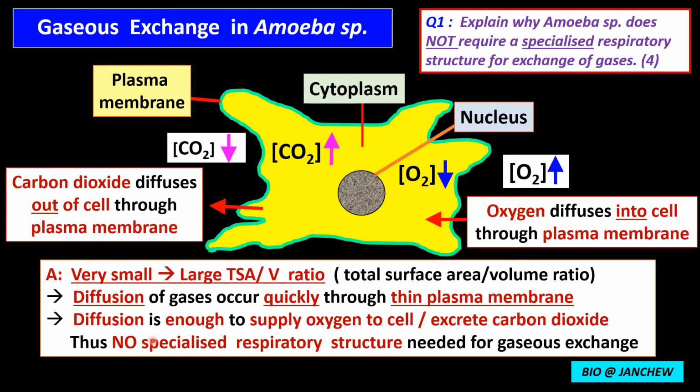Thus, the diffusion is enough to supply oxygen to the cell for its needs, and to excrete the carbon dioxide, which is a byproduct of respiration. Thus, no specialized respiratory structure is needed to increase the total surface area anymore, and to increase the rate of diffusion of gases.